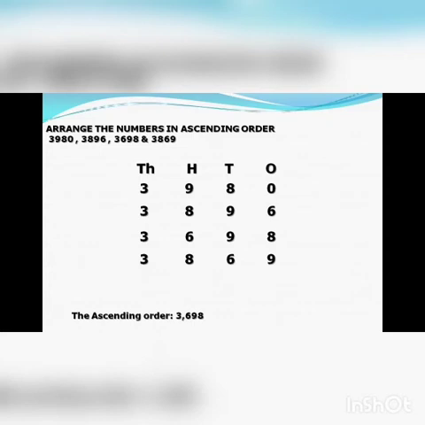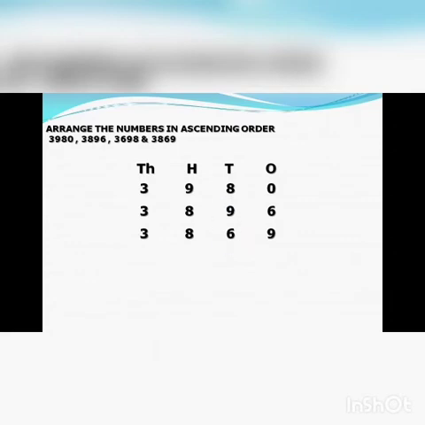Now we have to compare the remaining three numbers. On comparing the digit at hundreds place, you would notice 8 is smaller than 9. There are two numbers with 8 digit at the hundreds place.